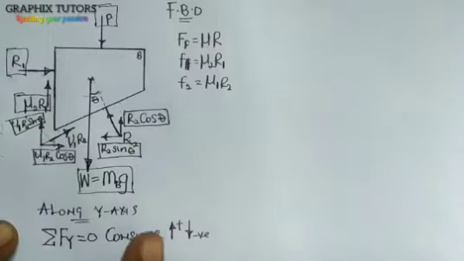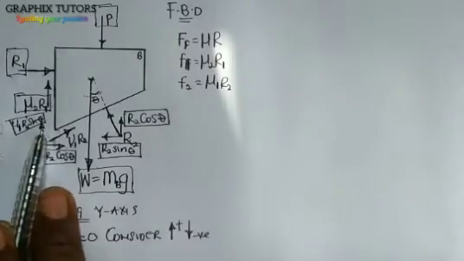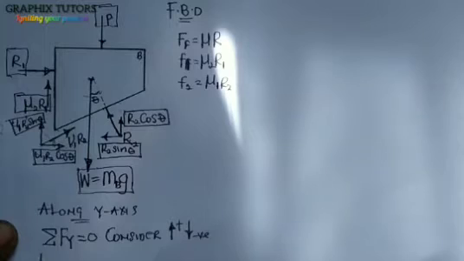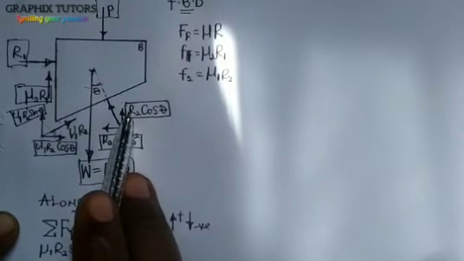So let's see. If you look at this here, it is facing up. So you say mu1 R2 sine theta. We call it here mu1, right? And write it out. mu1 R2 sine theta, right? If you look at this, it's also facing up.